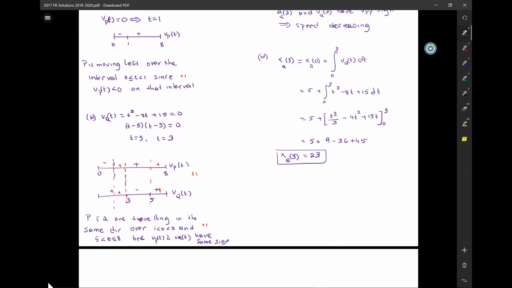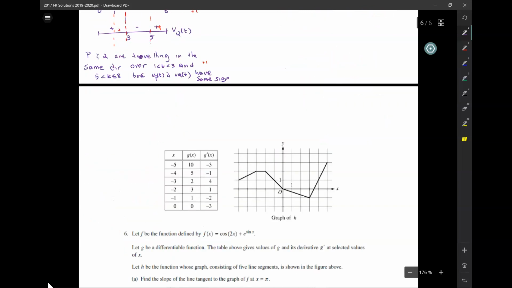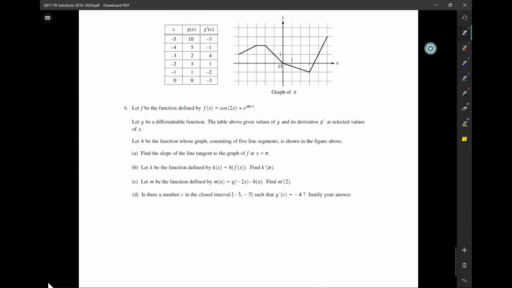Okay. So this last one was kind of fun. Let f be a function. Let g be a differentiable function. The table gives values for g prime.